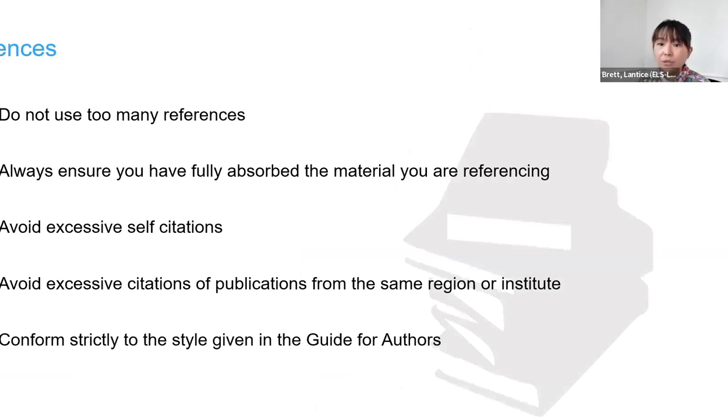So you do not want to include too many references, especially if they are not really relevant to your work. Always ensure you have fully absorbed and understand the materials you are referencing. And you want to avoid excessive self-citations of your own work or from your same institution.